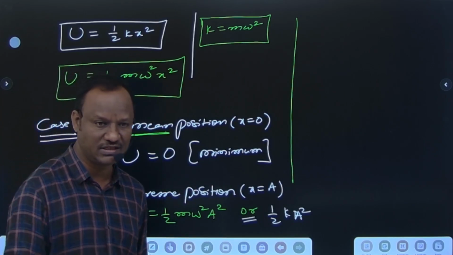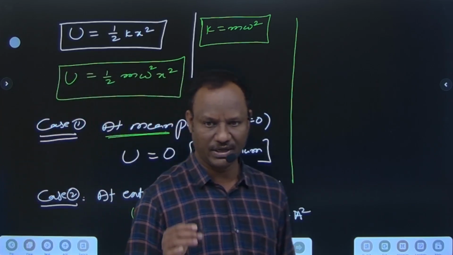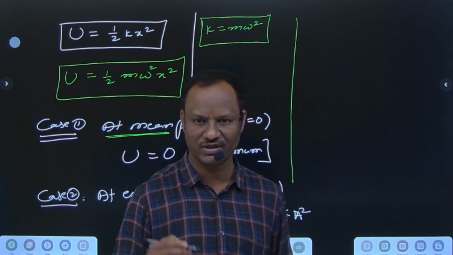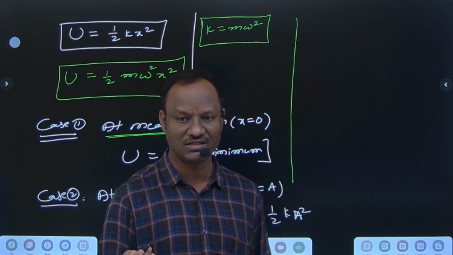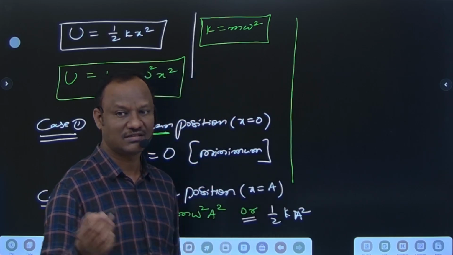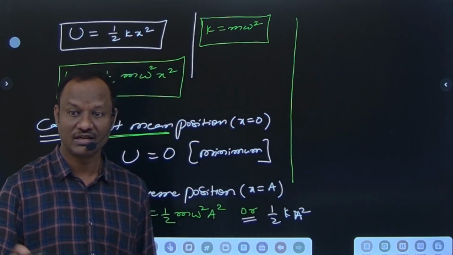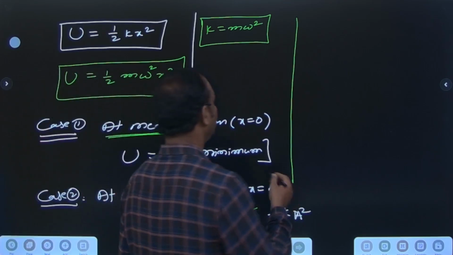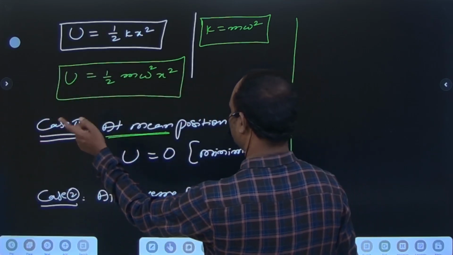Acceleration, time dependent, is minus omega square a sin omega t. Minus omega square x is the position dependent form. In place of x, if you substitute a sin omega t, it becomes time dependent.